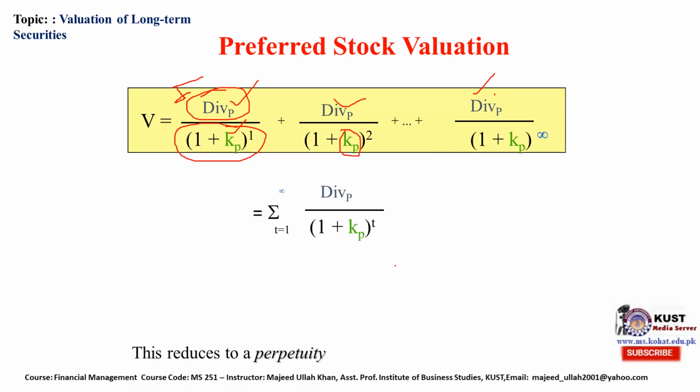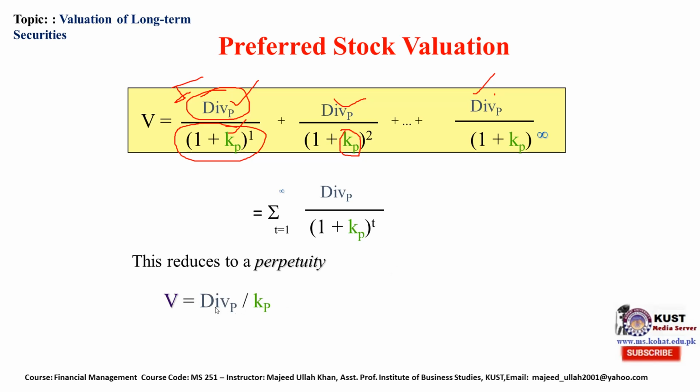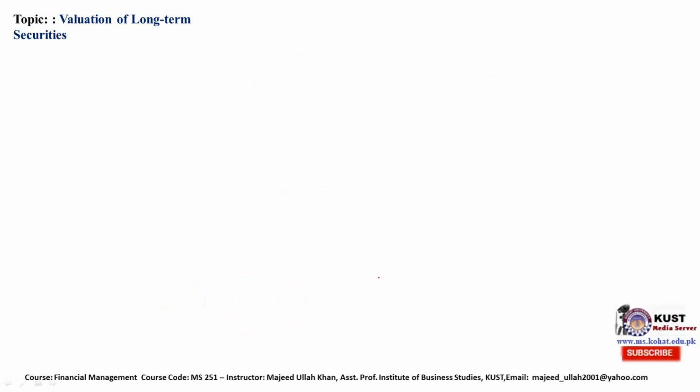But since it is a perpetuity, the formula is that any cash flow divided by the required rate of return will give you the present value. So the intrinsic value of preferred stock that provides perpetual dividend forever is calculated as the first year dividend divided by the required rate of return.